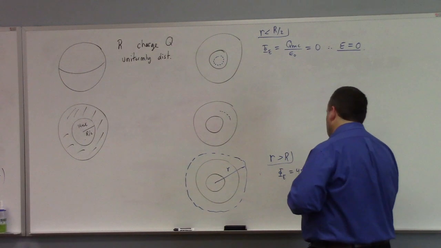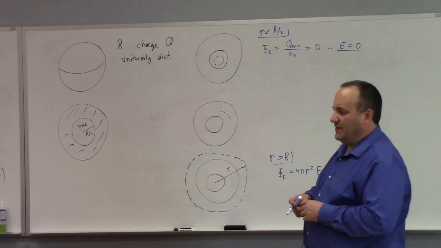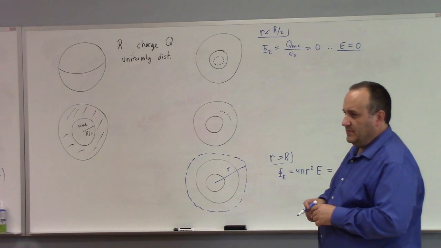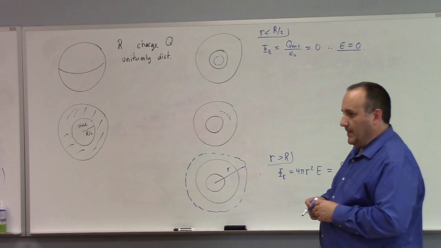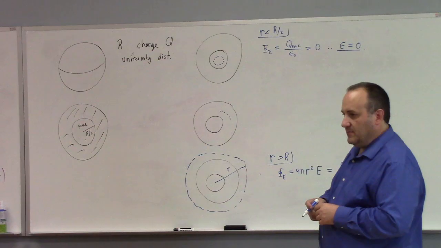Now the question becomes, wait a minute, what is the charge that's enclosed? Because we got rid of some of it. Because we cut out that hole, and we cut out the charge with it. That's the idea. So how much charge is on the cutout sphere?